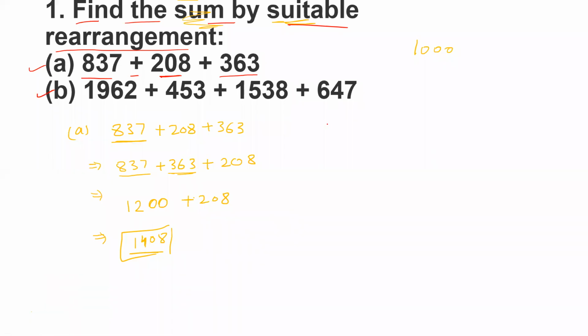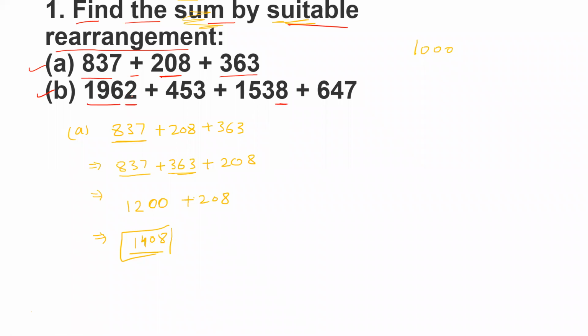Now B part. In B part, we are given four numbers. So as you can see, how are you going to identify, how are you going to decide which number should be added with which number? Exactly what you have to do is, as you can see here, the unit number is 2 here and the unit number is 8 here.